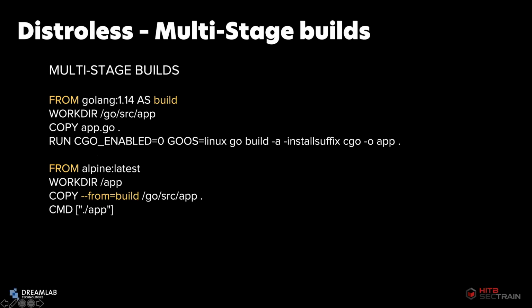We can copy any particular binary or artifacts or folder into the final image. So in the final image, we will only have the compiled Go application and nothing else. So that's a good example of multi-stage builds.